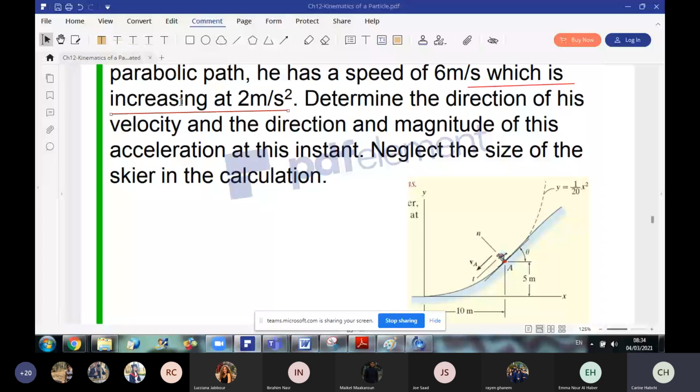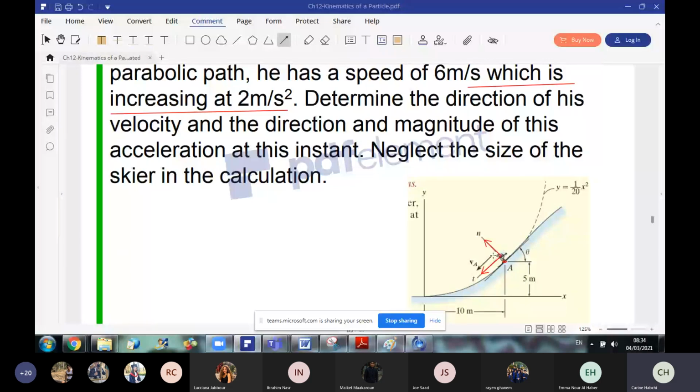And we said that V is always positive because we define UT based on velocity. So here, since velocity is downward, then UT will be downward. So if I want to represent UT, this is UT, and UN is perpendicular to UT, directed towards the center of curvature. So it will be like this.